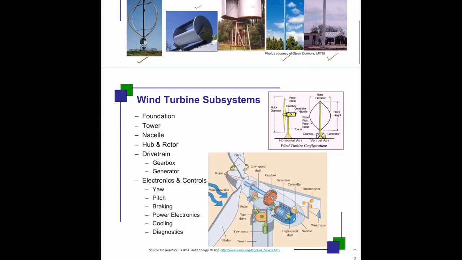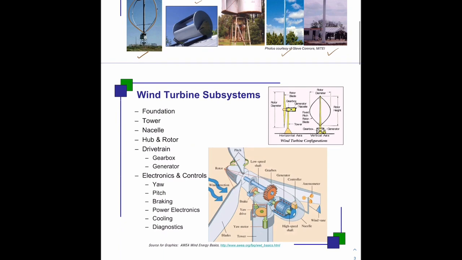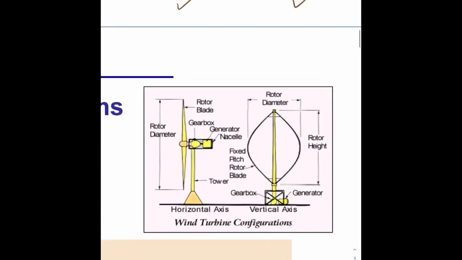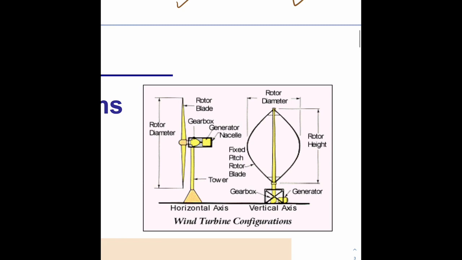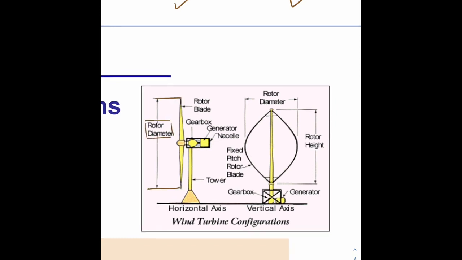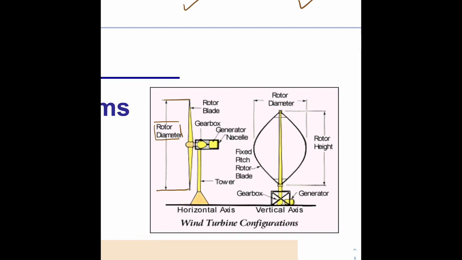So, moving on to wind turbine subsystems. Here we could compare between the horizontal and vertical axis turbines. We have first the rotor diameter. For the horizontal axis, we have it like this, and for the vertical axis, we have it here. We have the gearbox, the generator, and the nacelle.